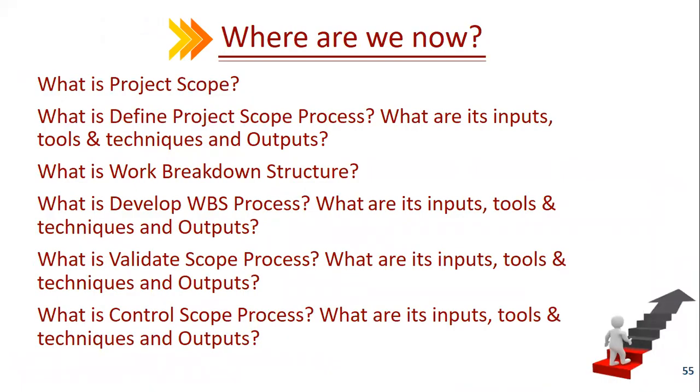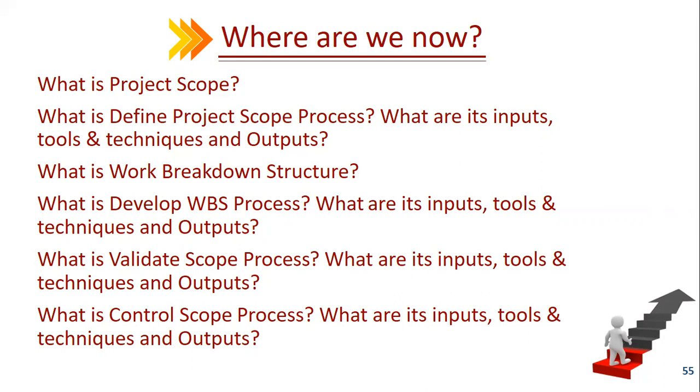So what we have done in this lesson, let's revise it. In this part of the lesson, we have discussed what the project scope is. We have discussed and defined the project scope process, its inputs, tools, techniques, and outputs. We have discussed the work breakdown structure, and by the way, I gave you an example and an assignment of the work breakdown structure as well.